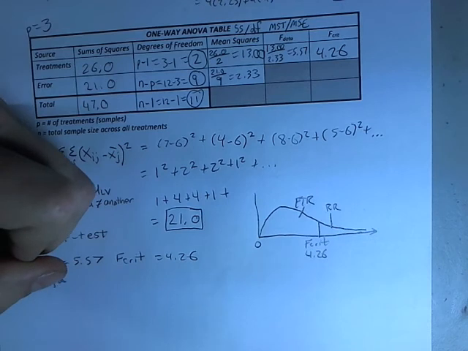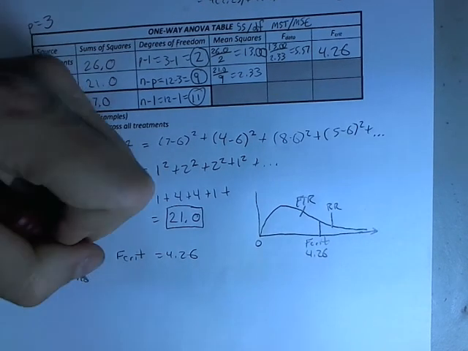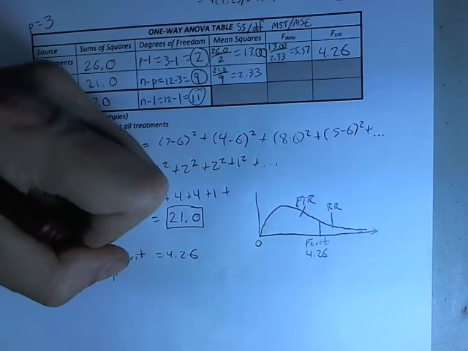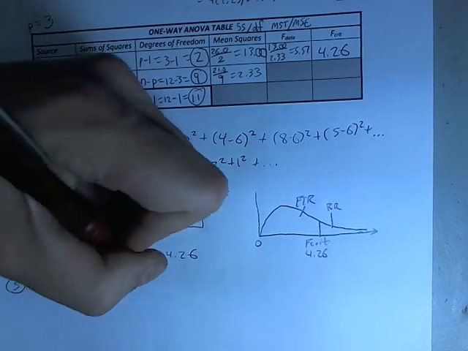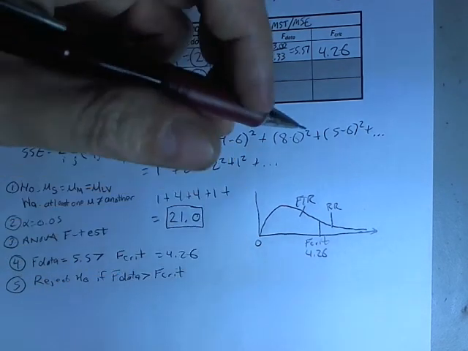So I'll write that for my rejection rule. Reject H null if F data is greater than F crit.